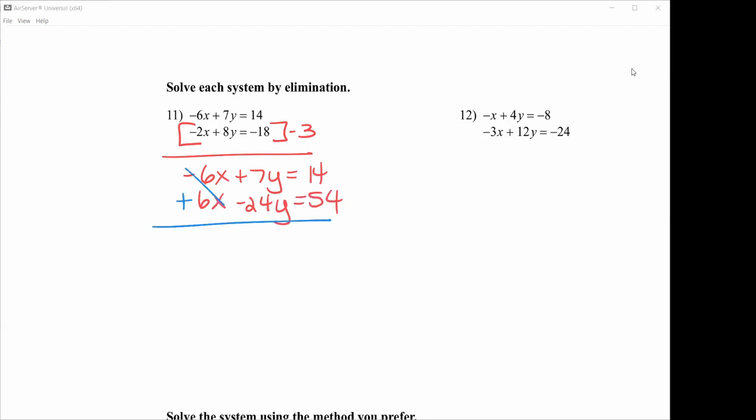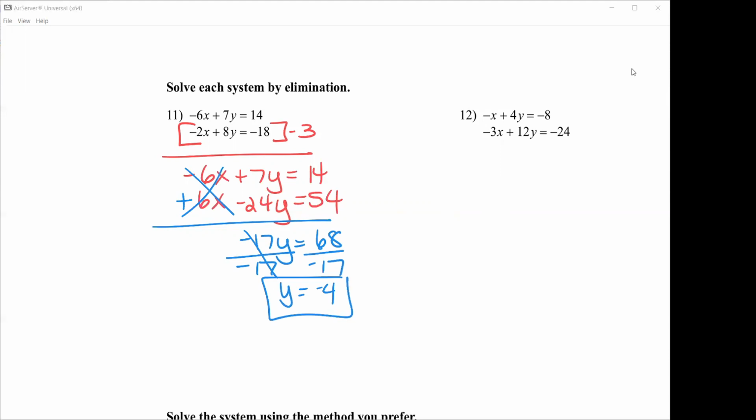So I'm going to add my x's together, or eliminate my x's, I'm sorry, and add everything else together. 7y minus 24y is -17y. And then 14 plus 54 is 68. When I divide by -17, you get that y is -4.